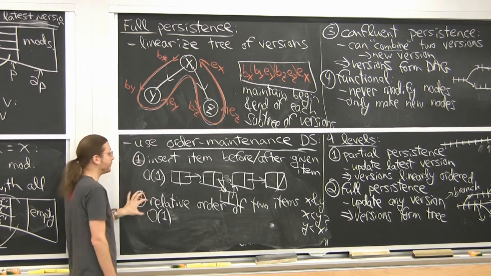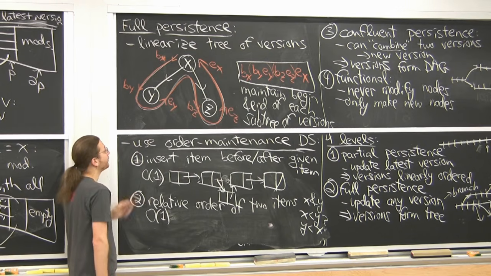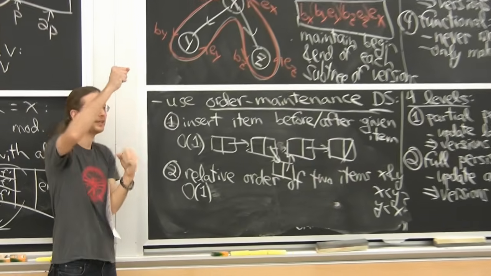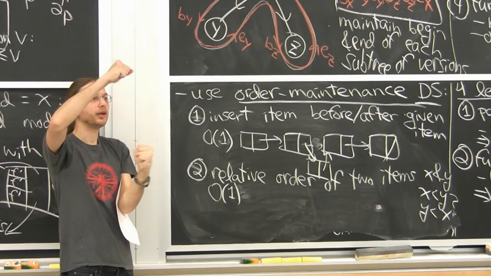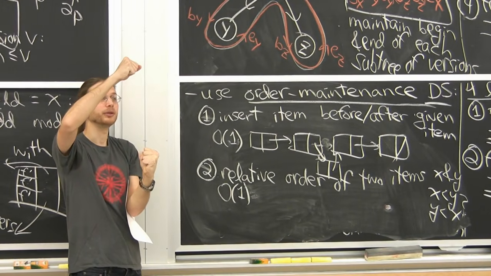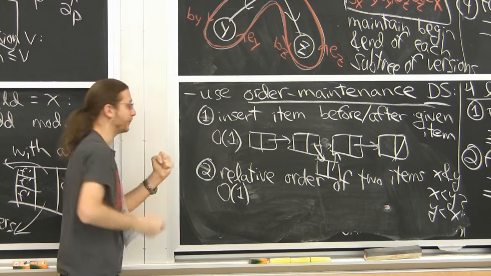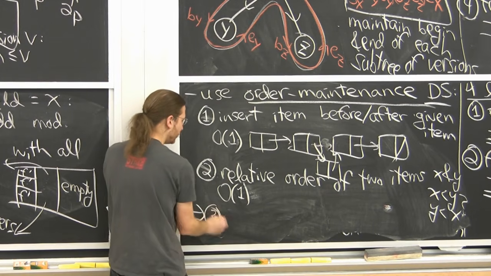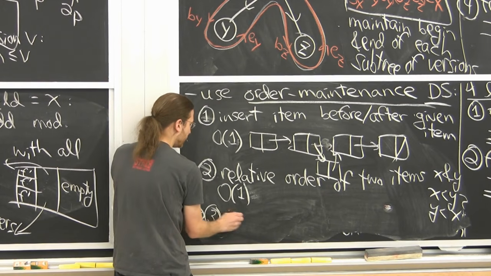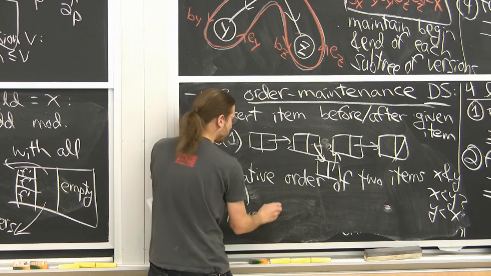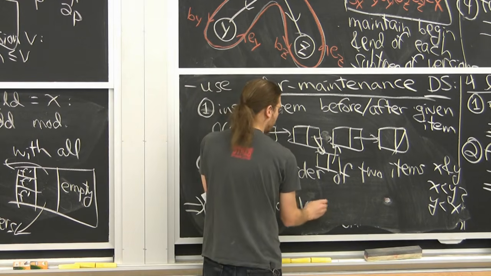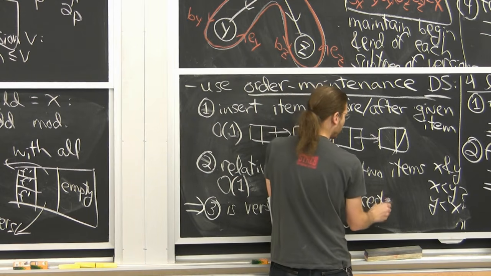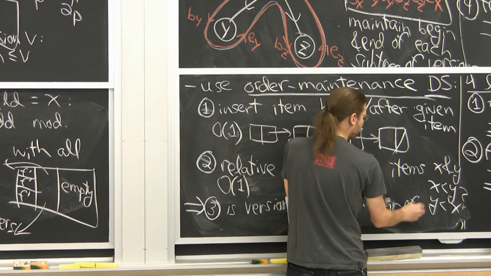And now you have this magical order operation, which if I'm given two versions, I don't know, V and W, and I want to know, is V an ancestor of W? Now I can do it in constant time. So this lets me do a third operation, which is: is version V an ancestor of version W?